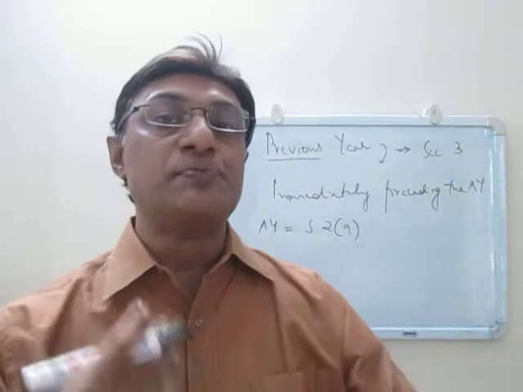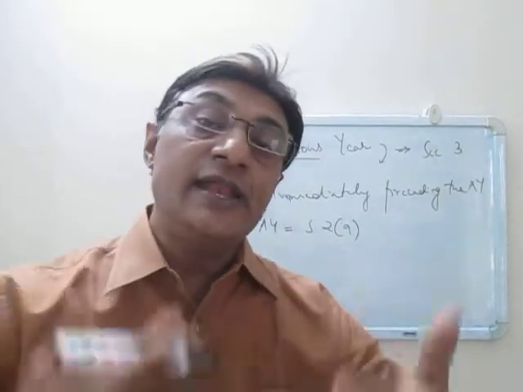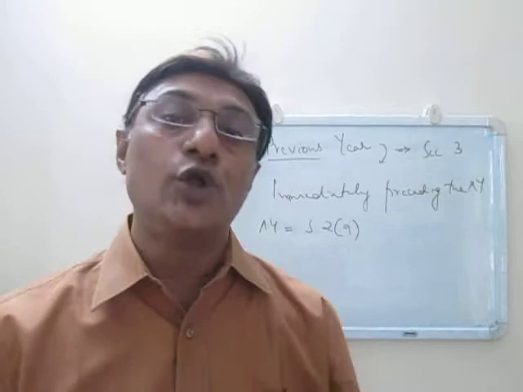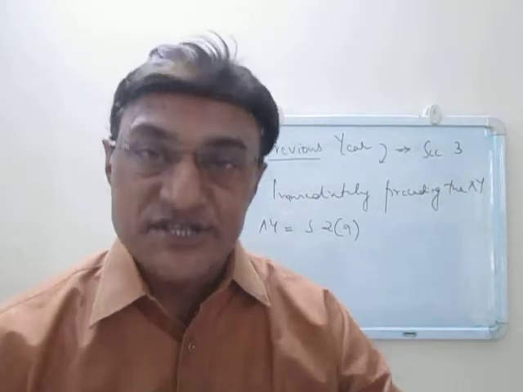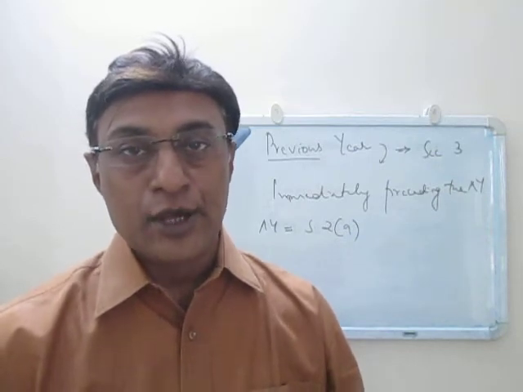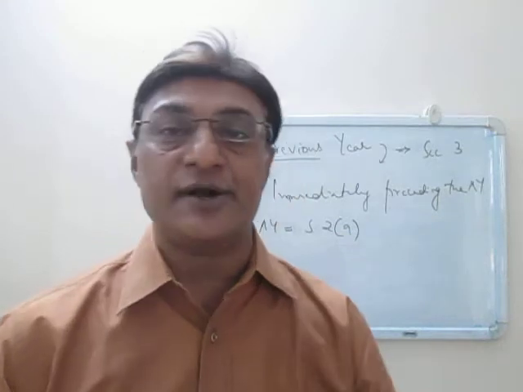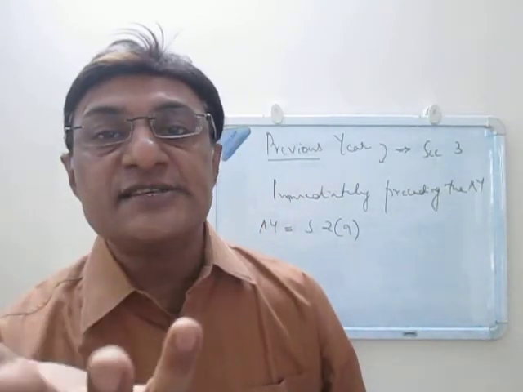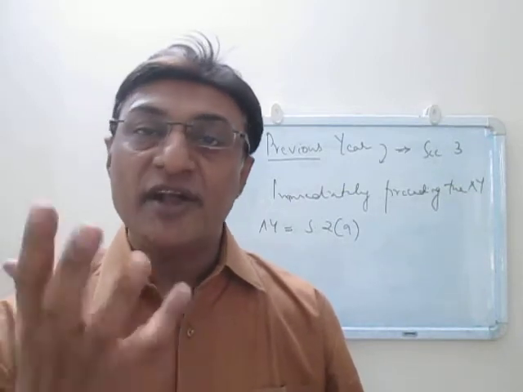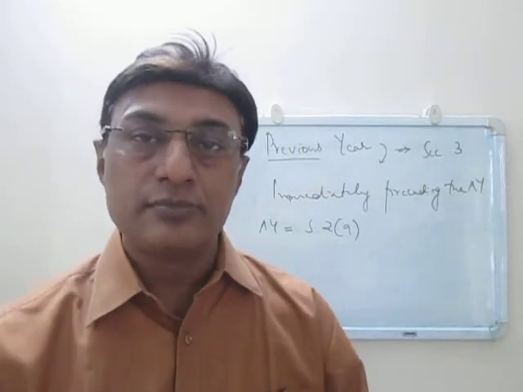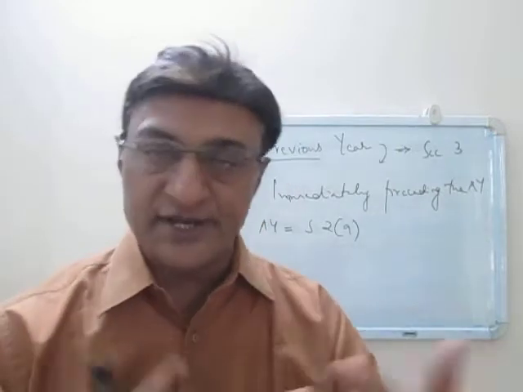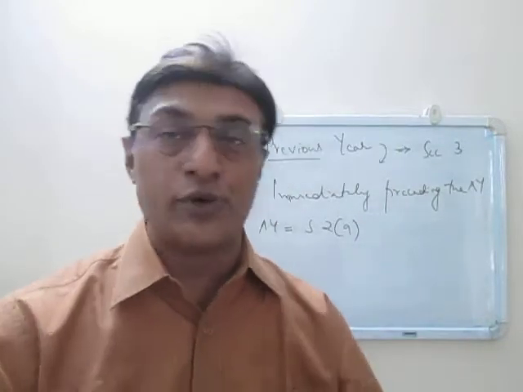Now I'm going to introduce the principle based on these two, that the income of the previous year is chargeable to tax in the immediately following assessment year, which is the relevant assessment year. So previous year is the year in which the income is earned. Assessment year is the year in which that income is assessed, determined, quantified, frozen, to decide the assessee's, the taxpayer's, tax liability, plus or minus. It might be payable by him or refundable to him.